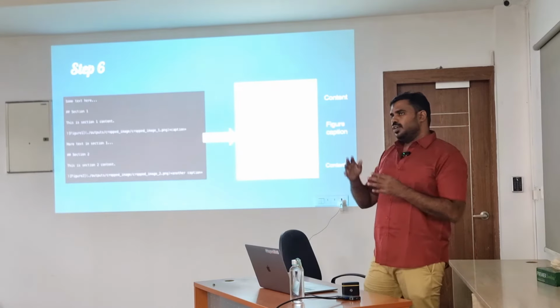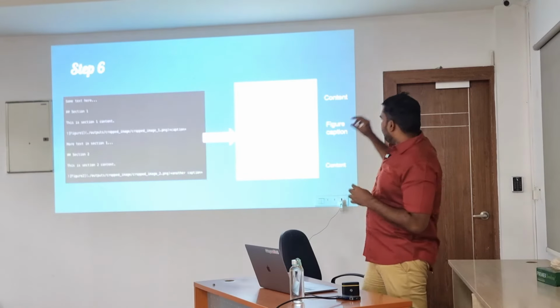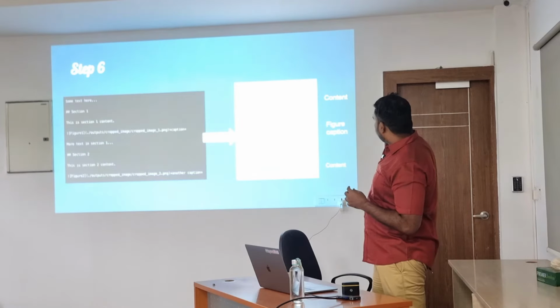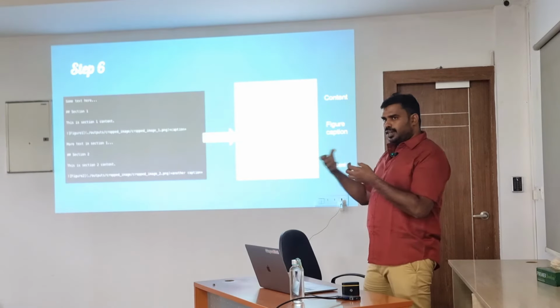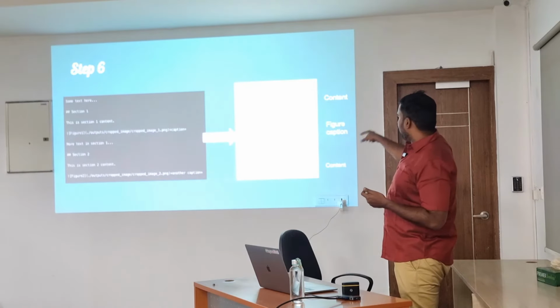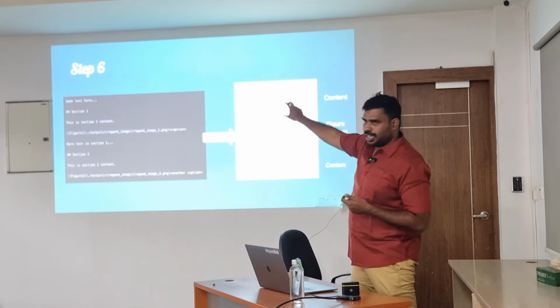Then we will do another kind of chunking, where, for example, we extract this figure as a separate chunk. For example, if you are splitting this document into chunks, the first chunk should be the content, for example some text in this section, content 1.